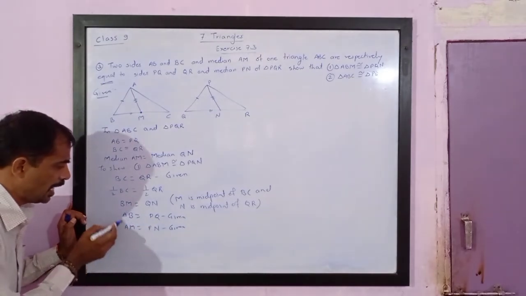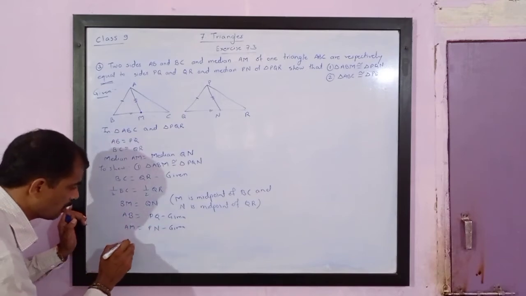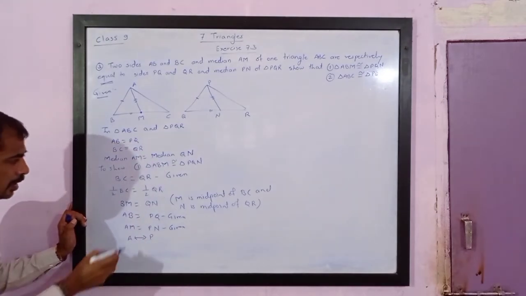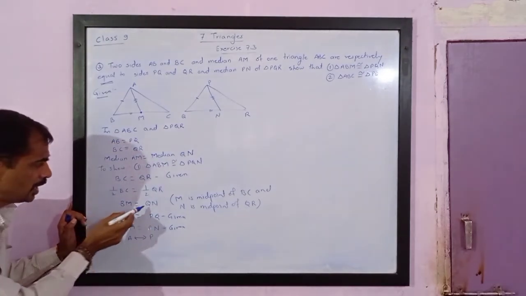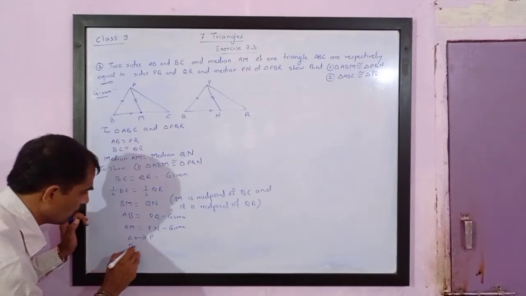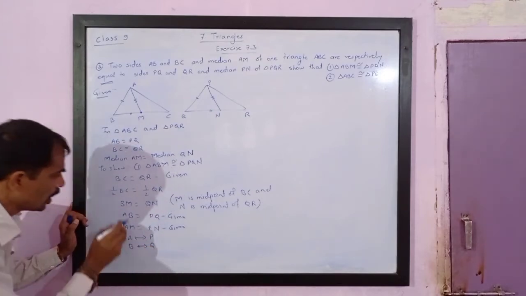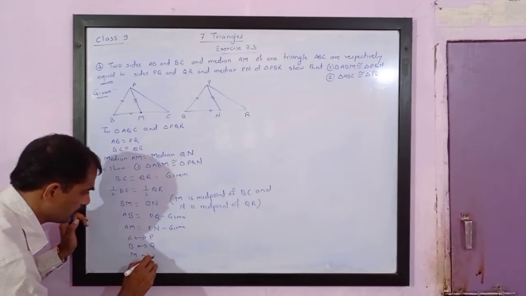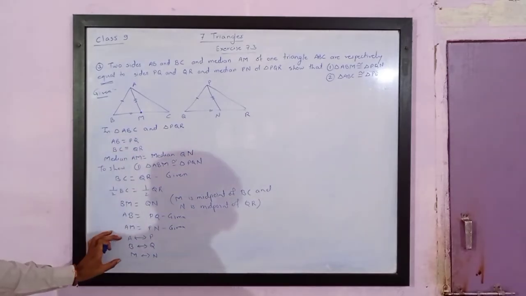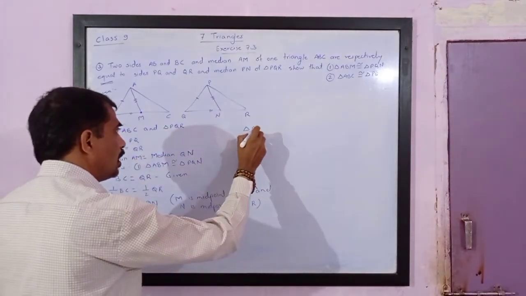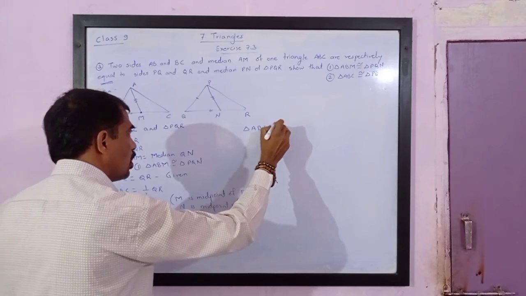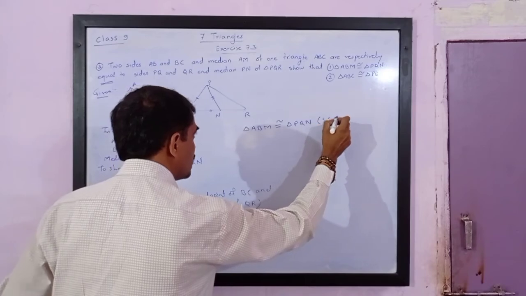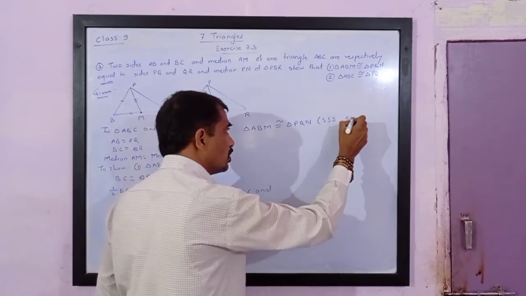In this you will notice that A is common here, P is common. So A corresponds to P. Then B is common here, Q is common. So B corresponds to Q, and M corresponds to N. Therefore, triangle ABM is congruent to triangle PQN by the SSS congruence rule.